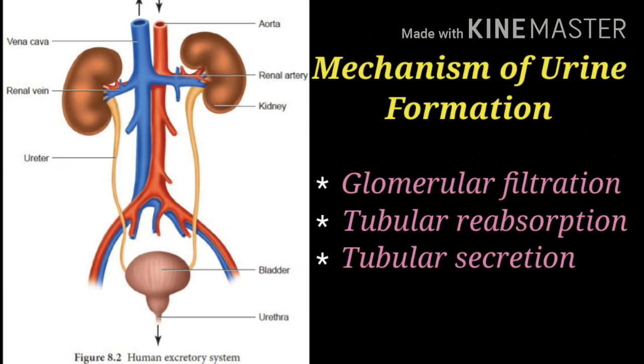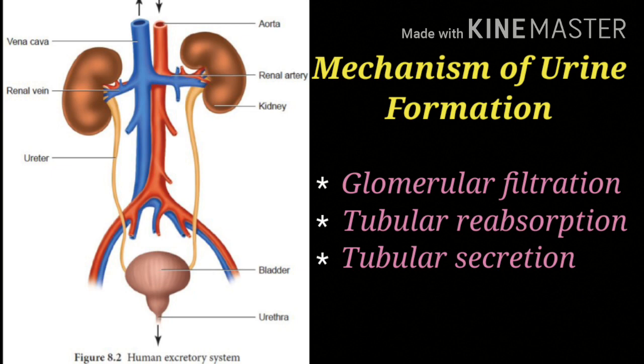It absorbs essential substances, isn't it? What are they? Glucose, amino acids, vitamins, sodium, potassium, bicarbonates and water. Again it is reabsorbed. Okay, that is called selective reabsorption. Next, tubular secretion. Substances such as H plus and K plus ions are secreted into the tubule. This tubular filtrate is known as urine.